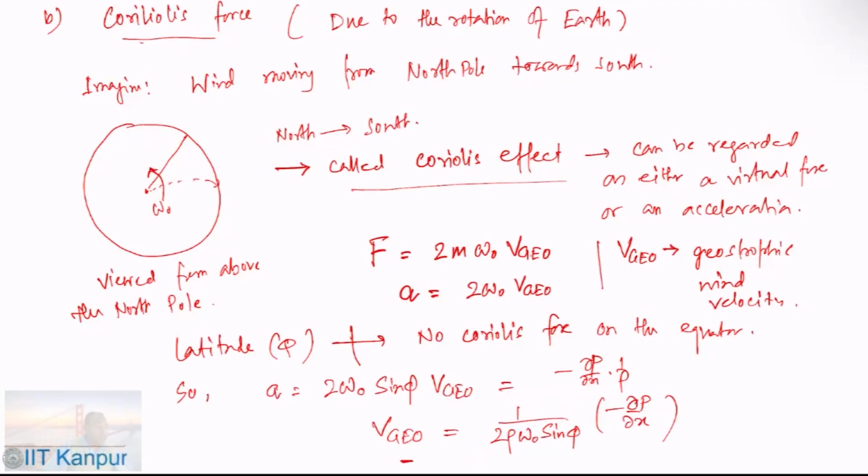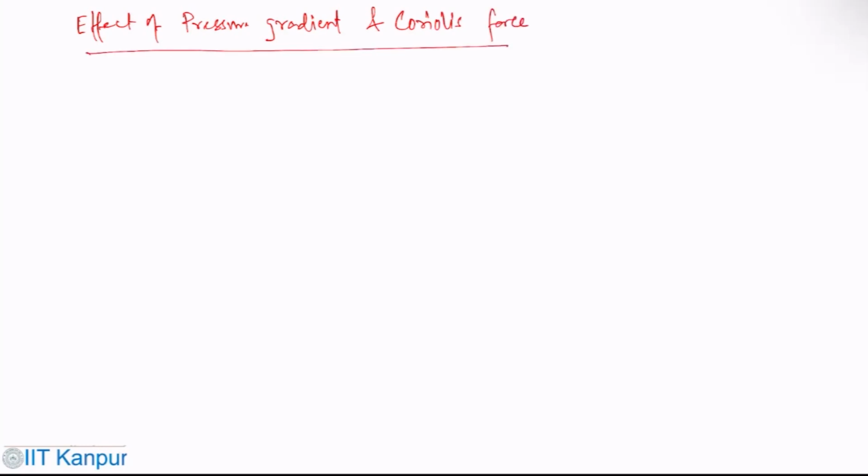Now we can look at the effect of pressure gradient and Coriolis force. Geostrophic wind is a balance of pressure gradient and the Coriolis force.